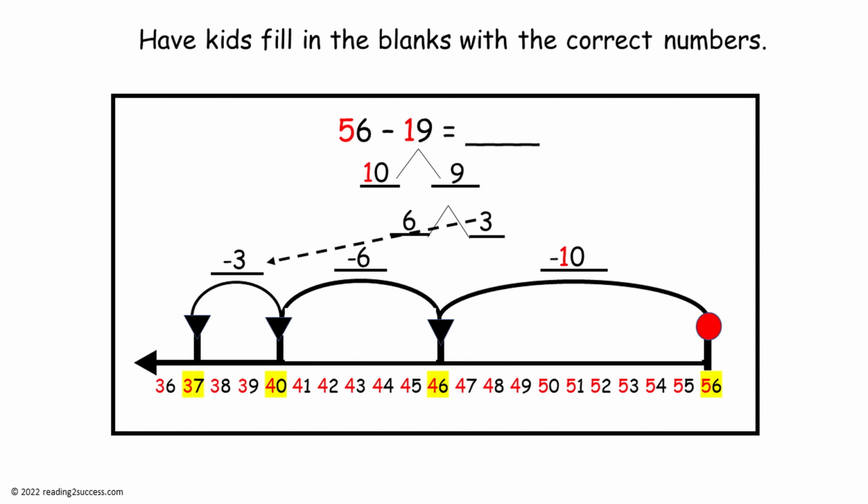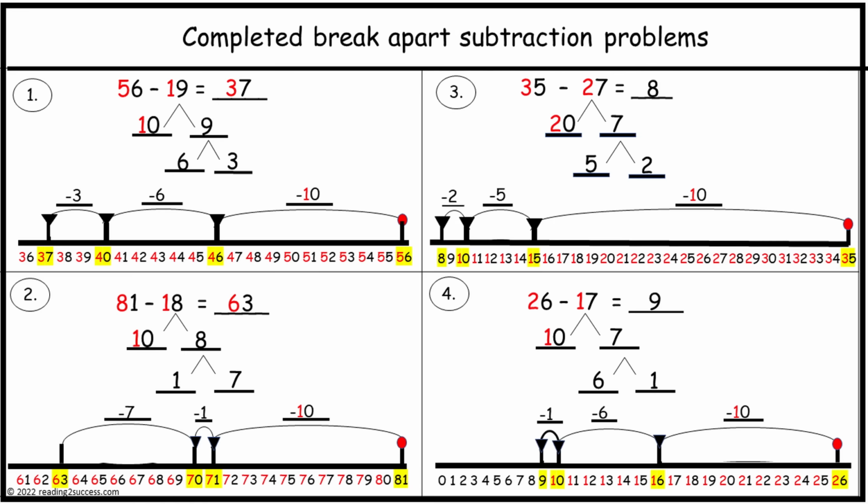Now show that 3 was taken from the second part of 9, and 40 minus 3 is 37, giving us the equation 56 minus 19 equals 37. And this is the completed example of all 4 problems.